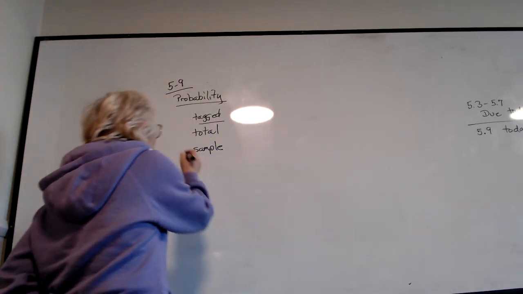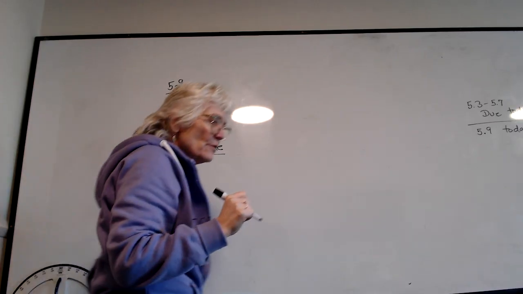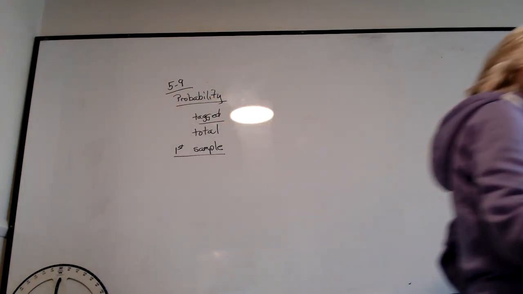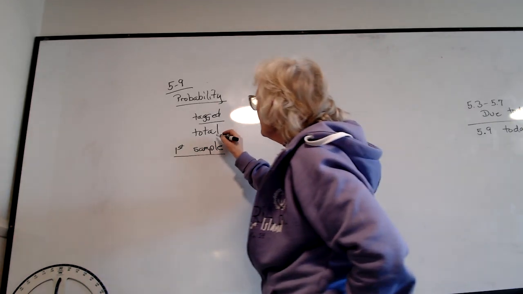So this is the first sample. We're going to go out, get some animals, and tag them. That's really what they do. The total is how many we got in the sample.